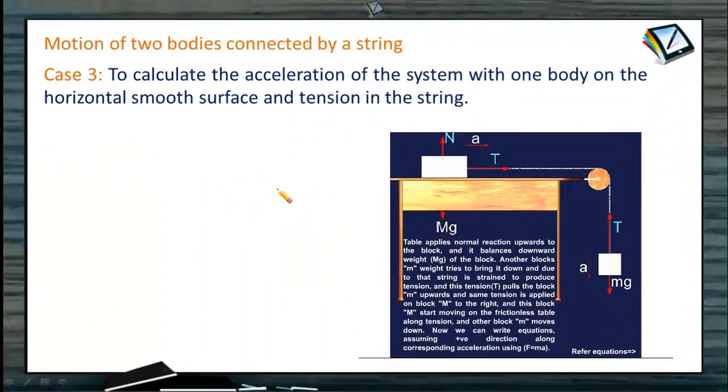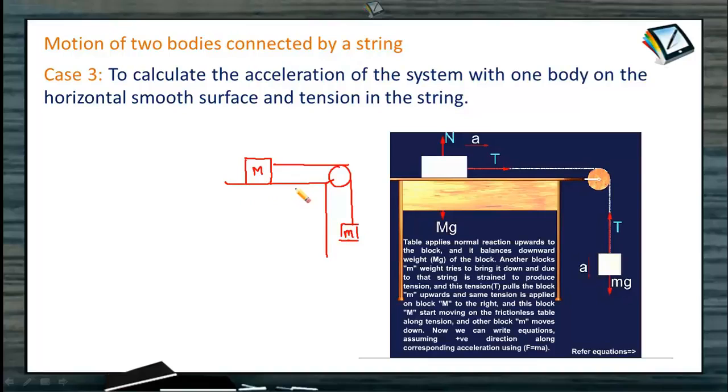So now I'll work out the equations. Picture what you have seen just now. We have two bodies. One body is on the horizontal surface, another body is vertical. Let us consider this body as capital M and the other body as small m. Now this is a smooth surface.